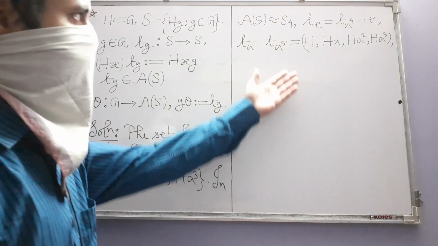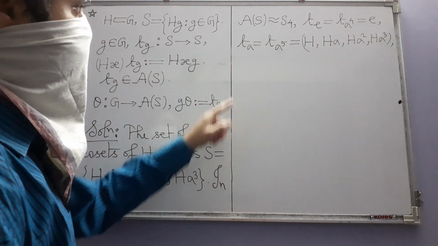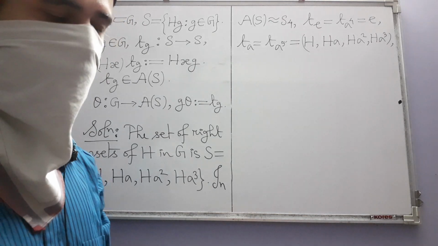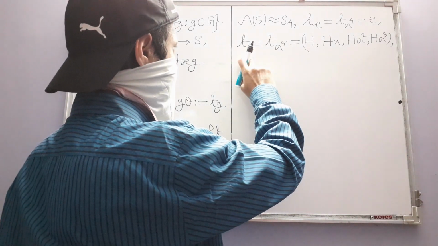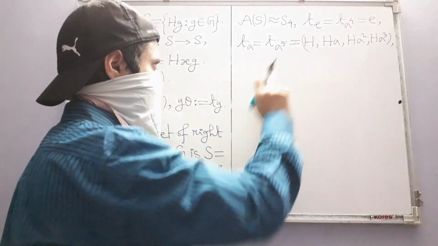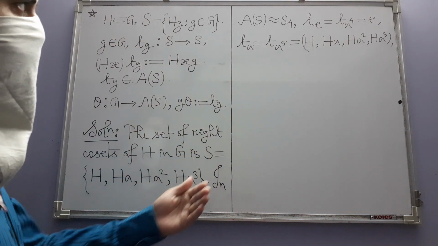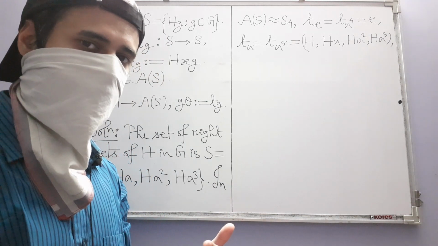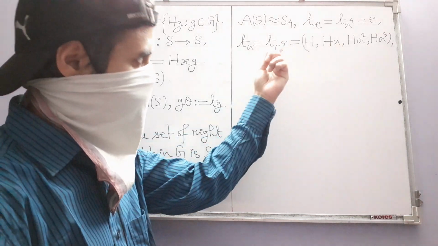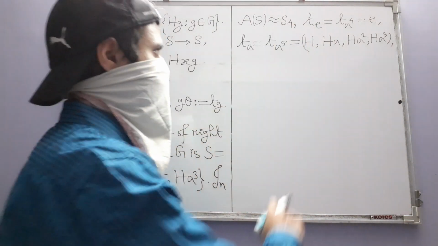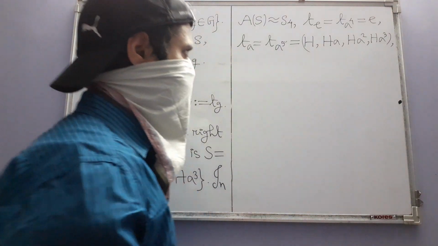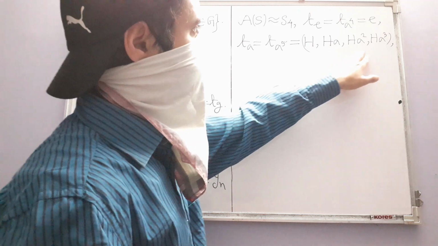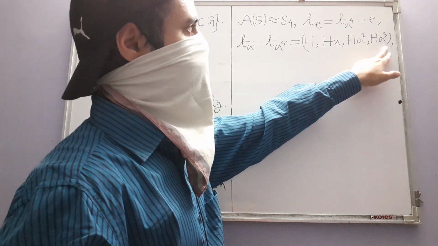Now this particular one is rather easy to verify, especially this Ta. What will Ta do? If you calculate the value of the function Ta at h, by the definition it will just be multiplying h from the right side by a. So h will become Ha. That's what this cycle is also doing. It maps h to Ha. Then multiply Ha from the right side by a again. So Ha goes to Ha square, Ha square goes to Ha cube.